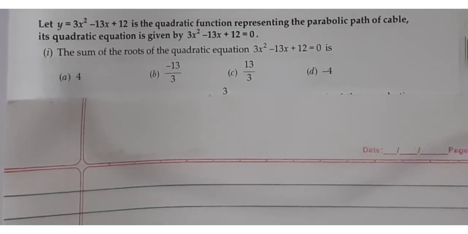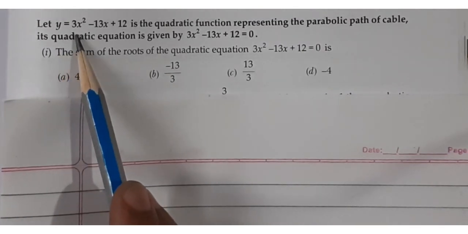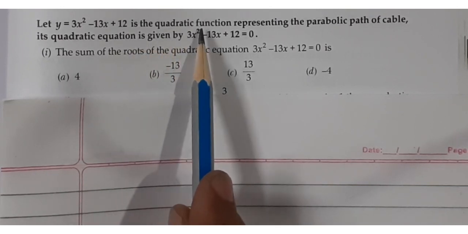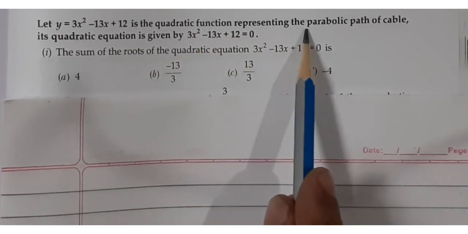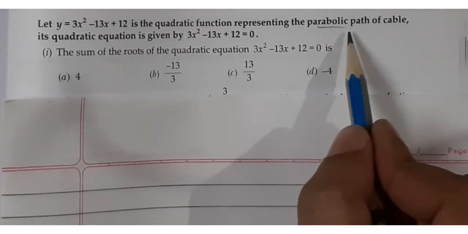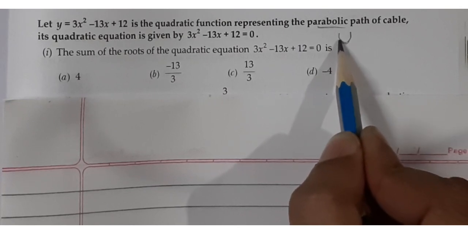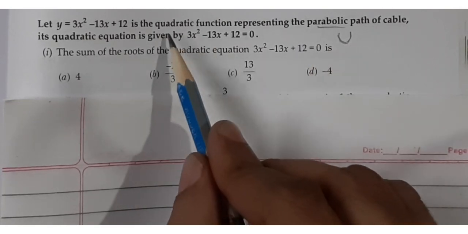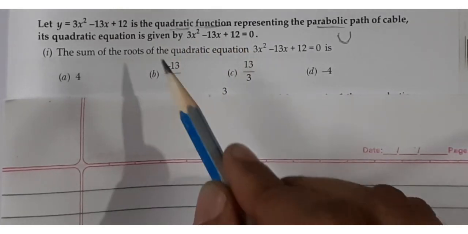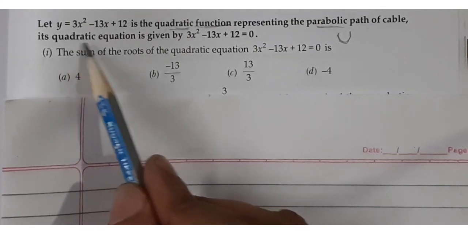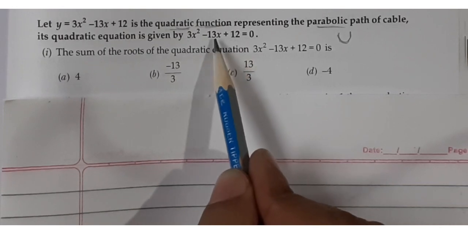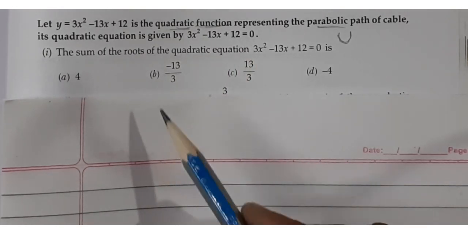Let y is equal to 3x square minus 13x plus 12 be the quadratic function representing the parabolic path of the cable. What is the meaning of parabolic path? That U-shaped path is called the parabolic path. This is the path of a quadratic function or quadratic polynomial. Its quadratic equation is given by 3x square minus 13x plus 12 equal to 0.